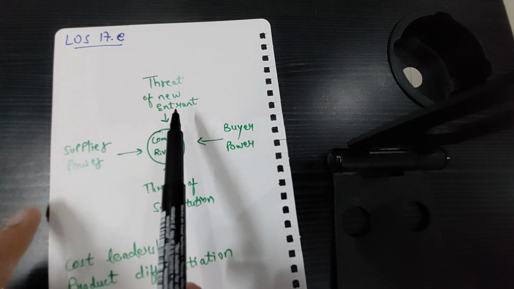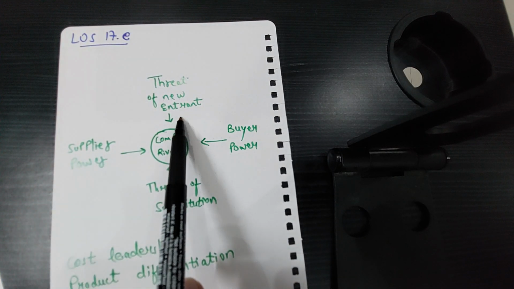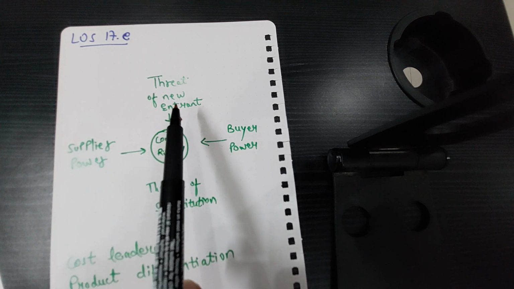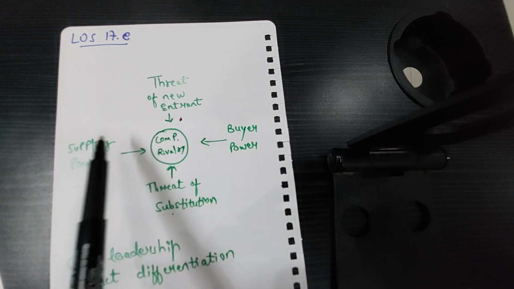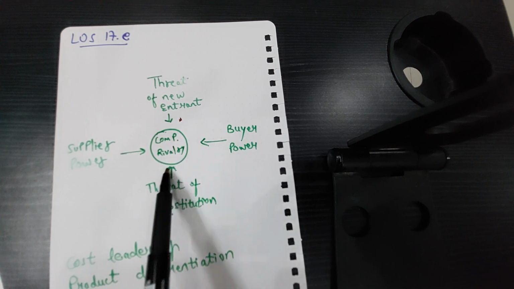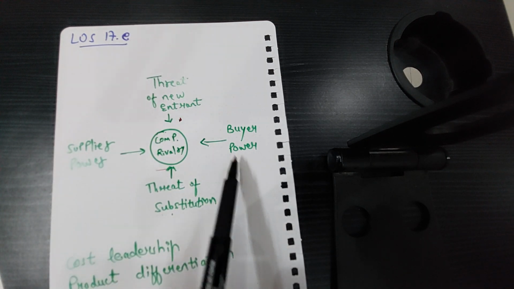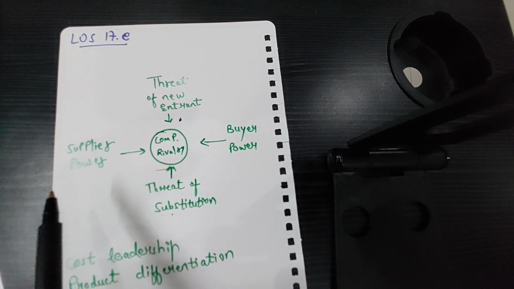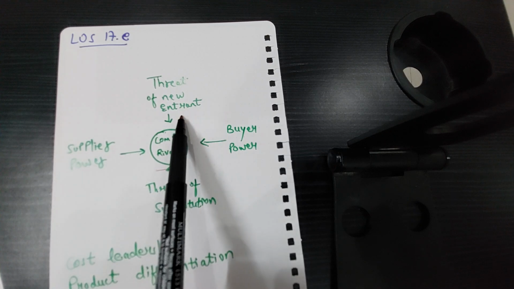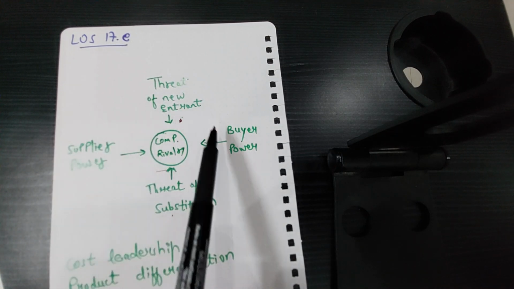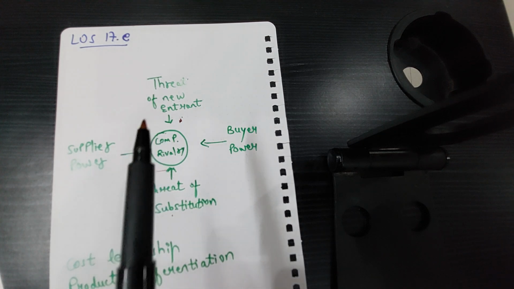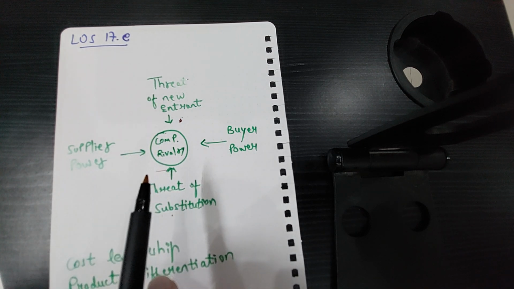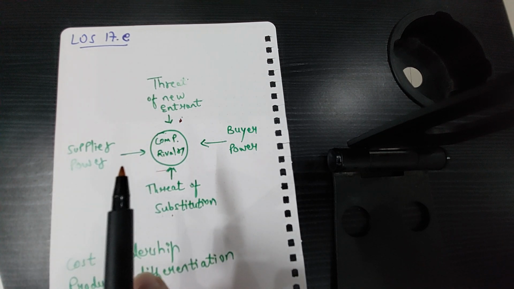Because if new businesses enter into your industry, and if there are no entry barriers, then there will be liquidation, right? The buyers will shift to them, suppliers will shift to them. So it's a threat. How the company operates among all these forces is one of the important aspects of our valuation, which is seen in the cash flows as well.